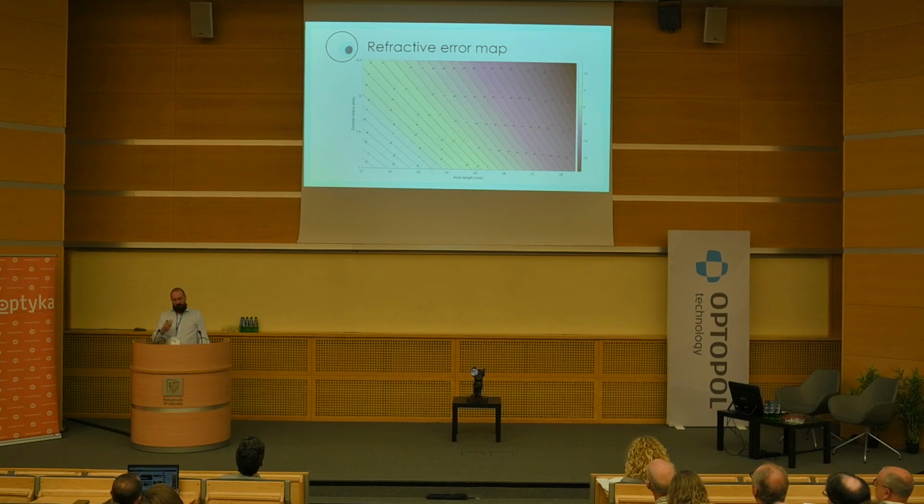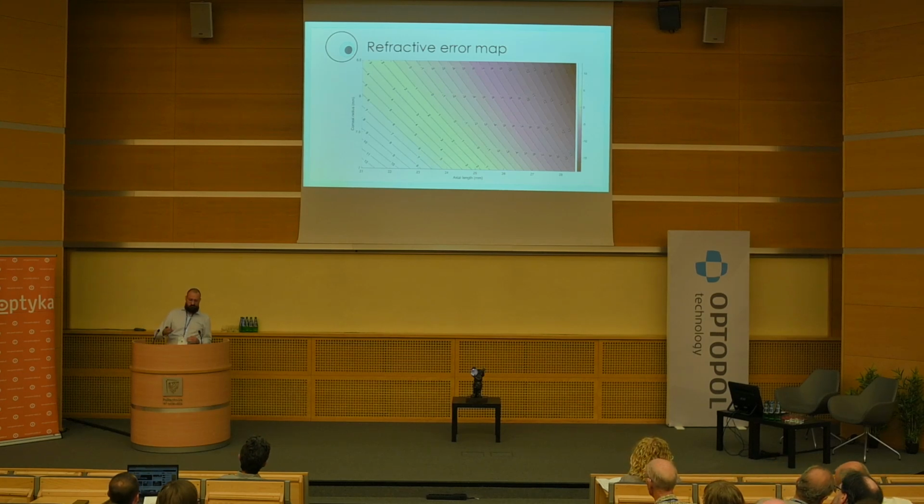You can see the whole map that shows different refractive errors, with some contour lines that go across the whole map and show exactly which refractive error we are at. For visualization purposes, the map is divided by one diopter, but in the real simulation it was continuous over the whole range.